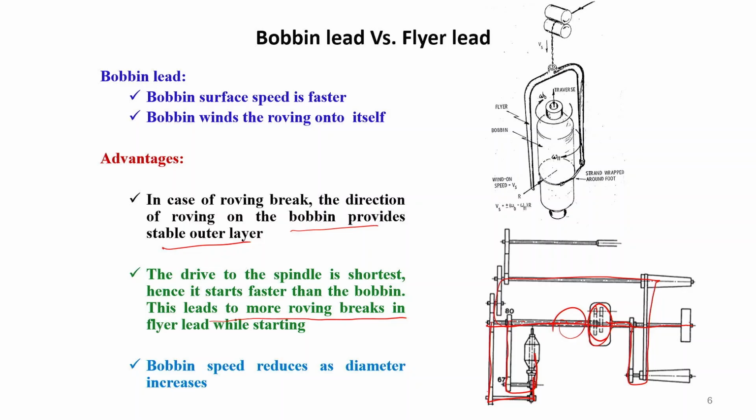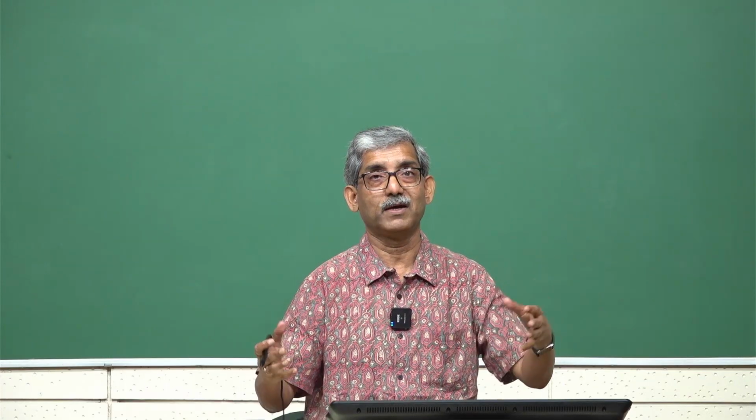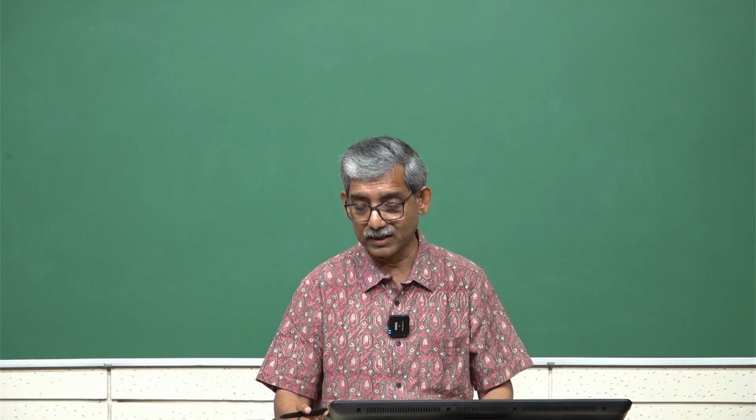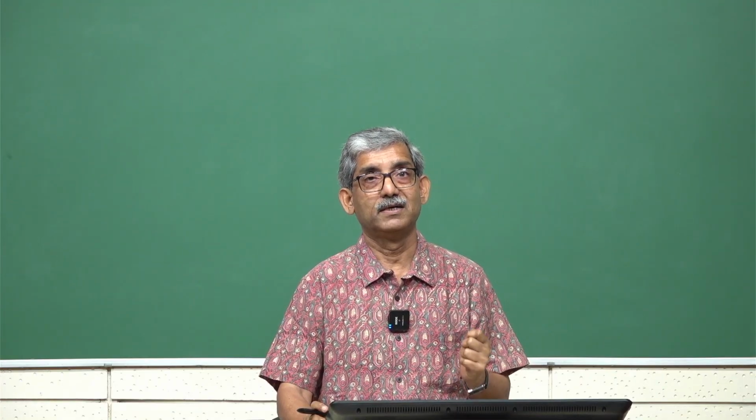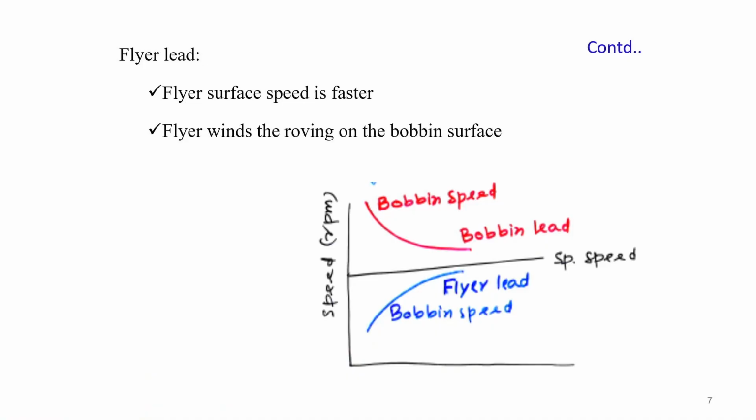Otherwise, in case of flare leading, as the bobbin gets bigger and bigger, its speed also increases. So, we can see in flare leading, the flare speed is faster, and the flare winds the roving on the bobbin surface. This is flare leading, here is the bobbin leading.